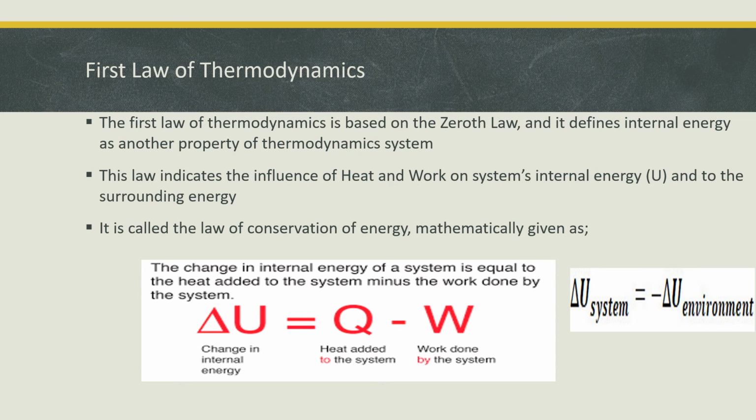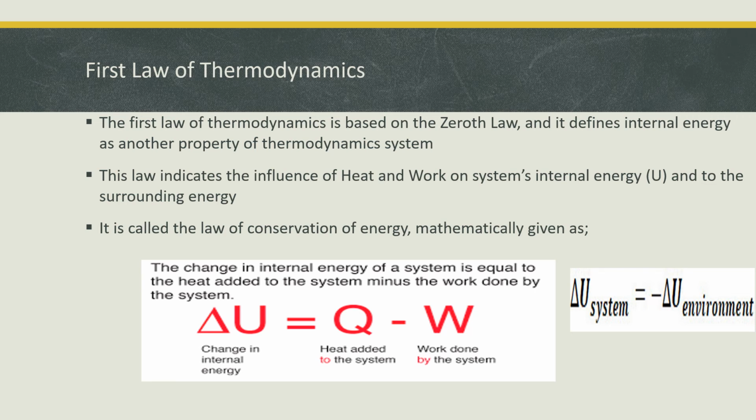The first law of thermodynamics. This law is based on the zeroth law, and it defines internal energy as another thermodynamic property. Internal energy is the energy inside a body or material. When it is in motion, it is called kinetic energy, and when it is static, it is called potential energy.